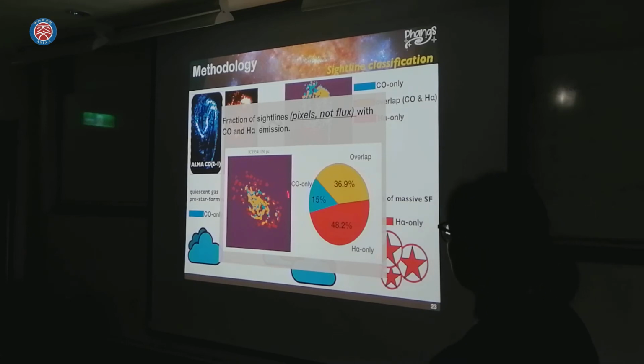So for example, this galaxy is IC 1954 at 150 parsec resolution. And this is the three categories of the sightlines. In this galaxy, about 50% of pixels with emission are H-alpha only pixels or regions, and about 40% are star forming regions, and 50% are quiescent molecular gas.